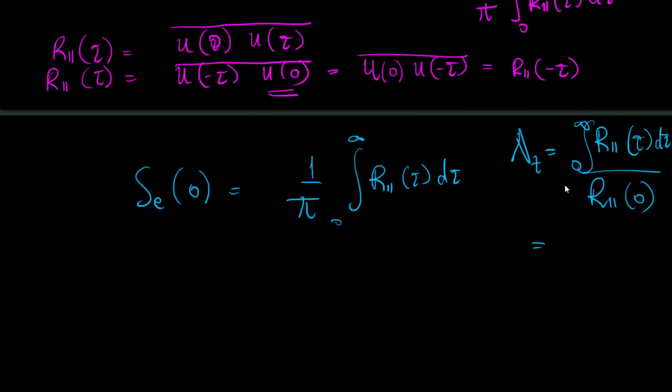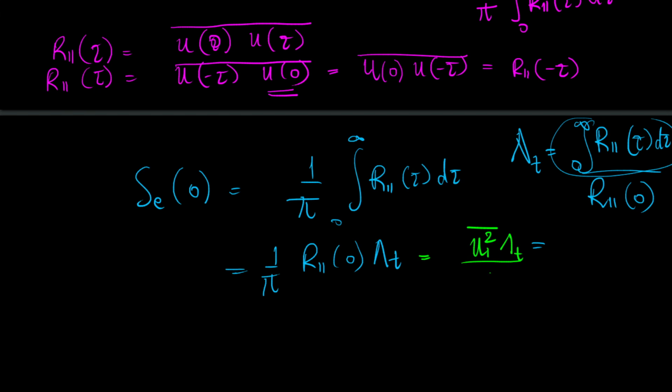And this gives us, so 1 upon pi, this integral is R11 at 0 times lambda t. So R11 at 0 is basically u1 square ensemble average times the integral time scale divided by the constant factor pi.